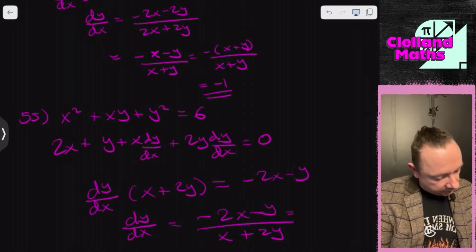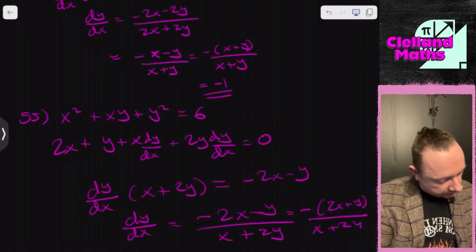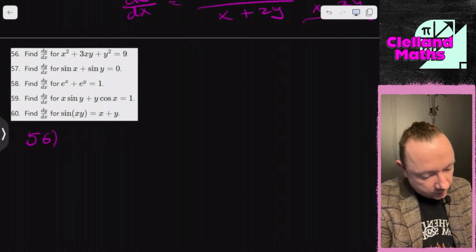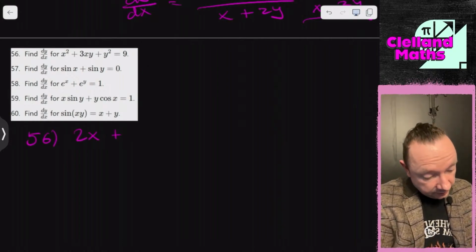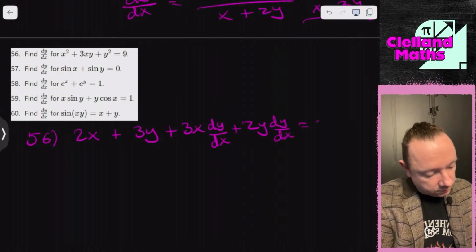I think I could take minus 1 as a common factor, I suppose, to get minus 2x plus y over x plus 2y if you prefer. No, we don't need to do that. X squared becomes 2x. 3xy becomes v times u dash, so that's 3y, plus u times v dash, which is dy by dx, plus 2y dy by dx equals 0.